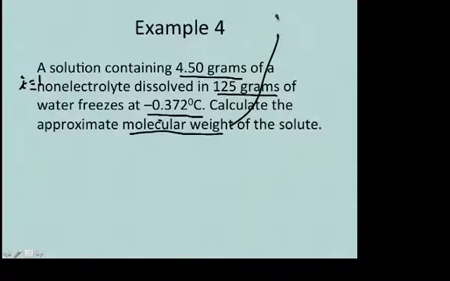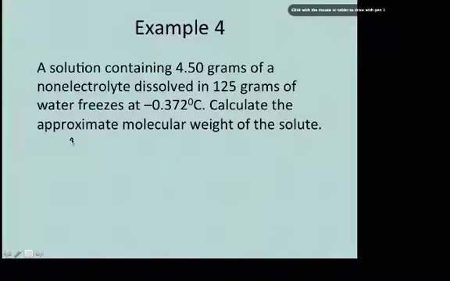Here's what we got to know. Molecular weight is grams per mole. I have my grams here, so what I've got to find out is moles. As usual, to start a problem, we got to find a way to get to the number of moles. No big shock there, is it? That's what we're always doing, trying to figure out moles.